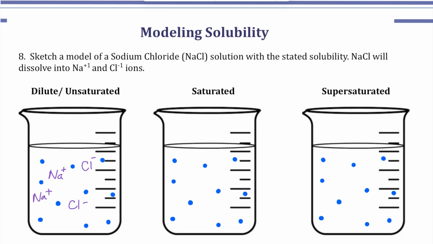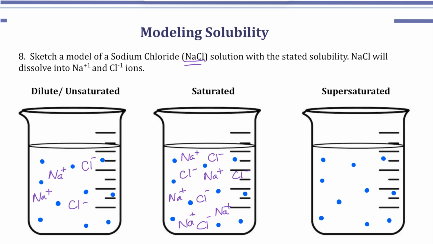As I look at my saturated solution now, this is going to be at a point where it doesn't look like more is going to dissolve. And so I'm going to be adding more in. I did 4 positive sodiums. I'm going to do 4 chlorines. This is a 1-to-1 ratio, so we need to make sure however many of each we have, those are the same. It looks like I can fit some more in here, so I'm just showing that there's a lot that is dissolved. And for me, I'm going to say this is my saturated solution.